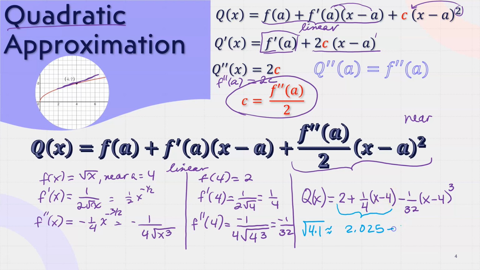And then now we got to subtract 1 over 32 times 4.1 minus 4 to the third power.